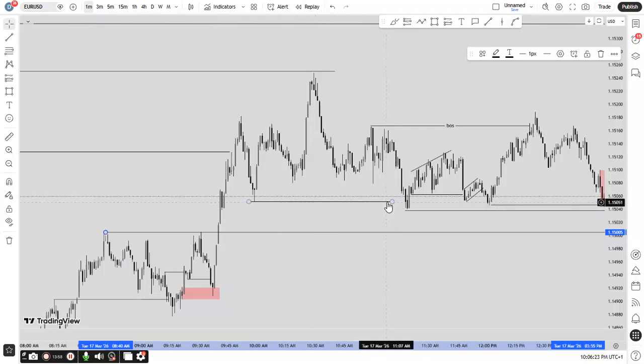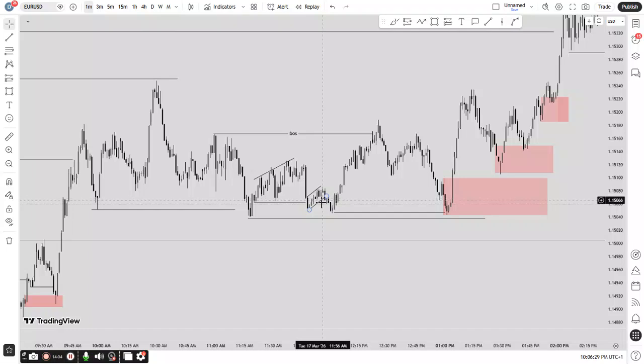So you had this inducement, build up of liquidity, internal liquidity creation, and you have what? Sell-off, inducing that liquidity. Boom. Took out liquidity. After it takes out liquidity, it came back to take out this liquidity as well, because a series of mitigations becomes a module for liquidity to be taken. It's just like you have a series of mitigations.